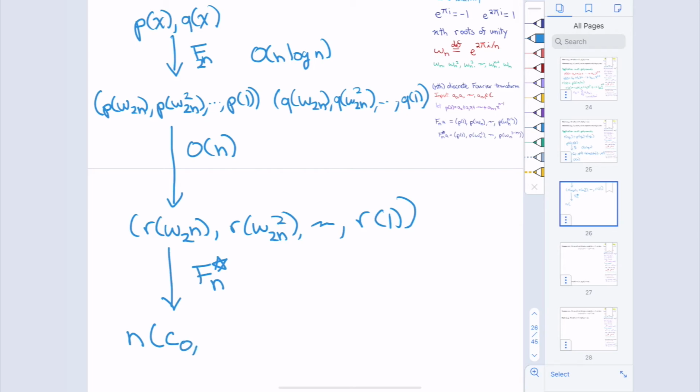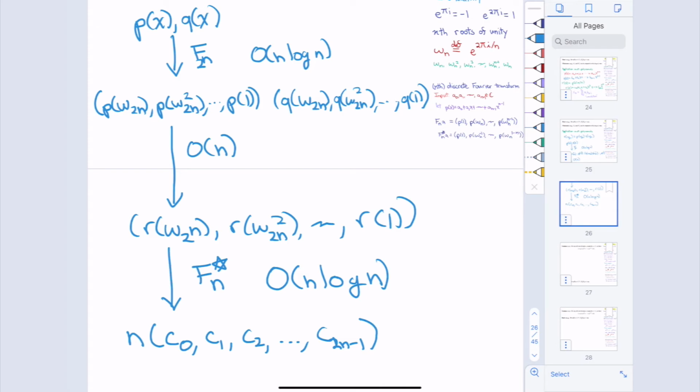So I'll get C0, C1, C2, ... C2n minus 1 or something. So I can get back the original polynomial by undoing that Fourier transform using the so-called conjugate Fourier transform. This takes me n log n time. The coefficients are scaled up by n, so you divide by n, no big deal.